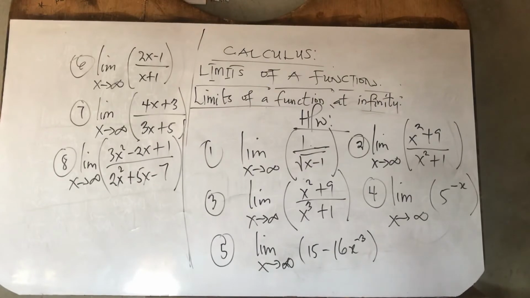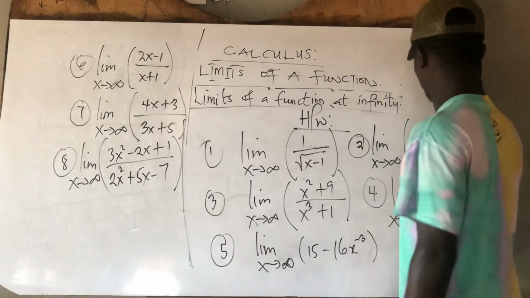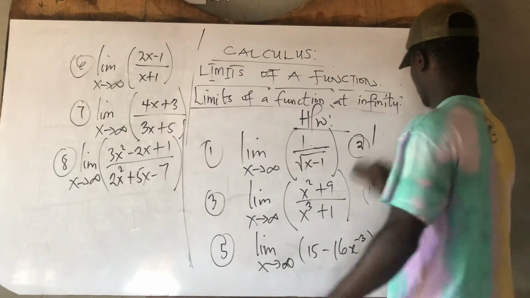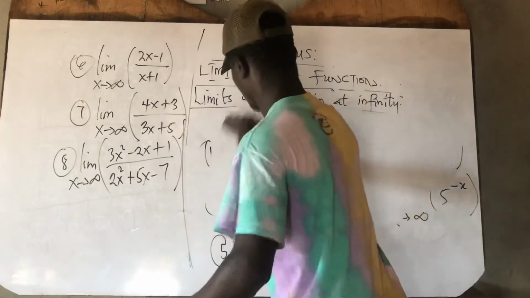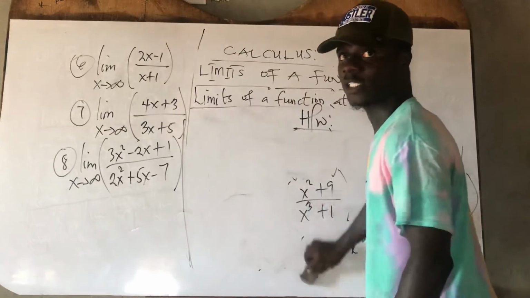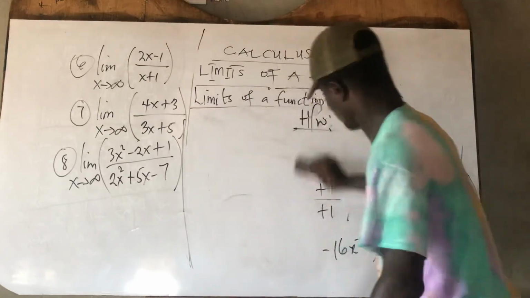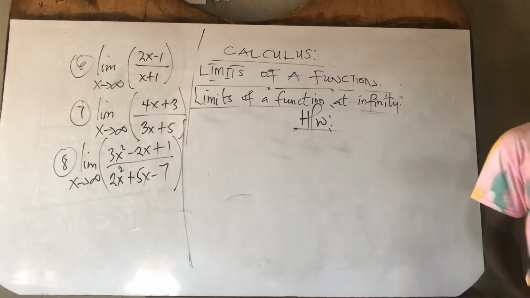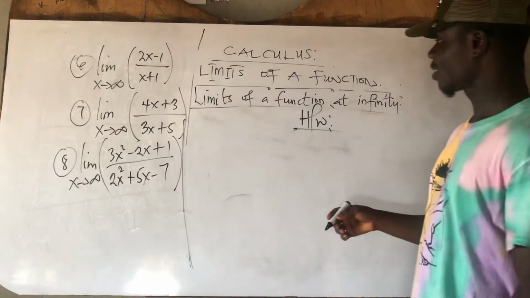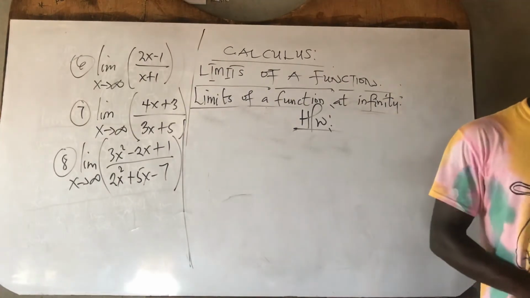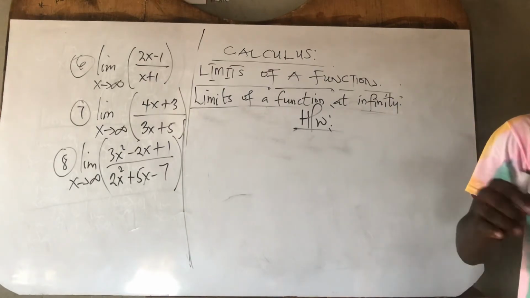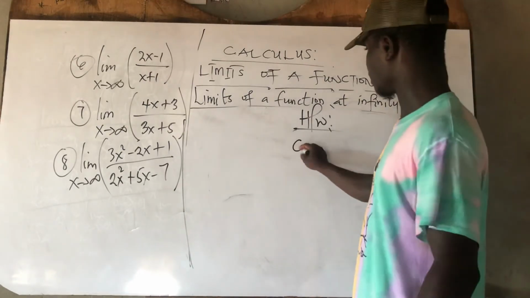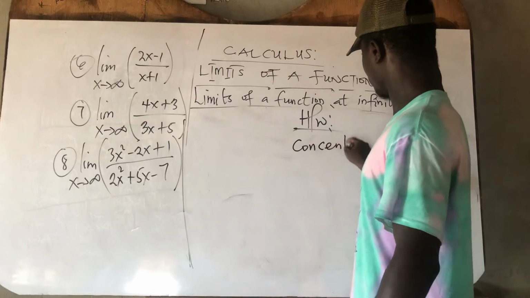So let me give you one challenge problem to try. It's a challenge problem. You try the challenge problem. So one challenge problem. It reads as what? You listen and write.